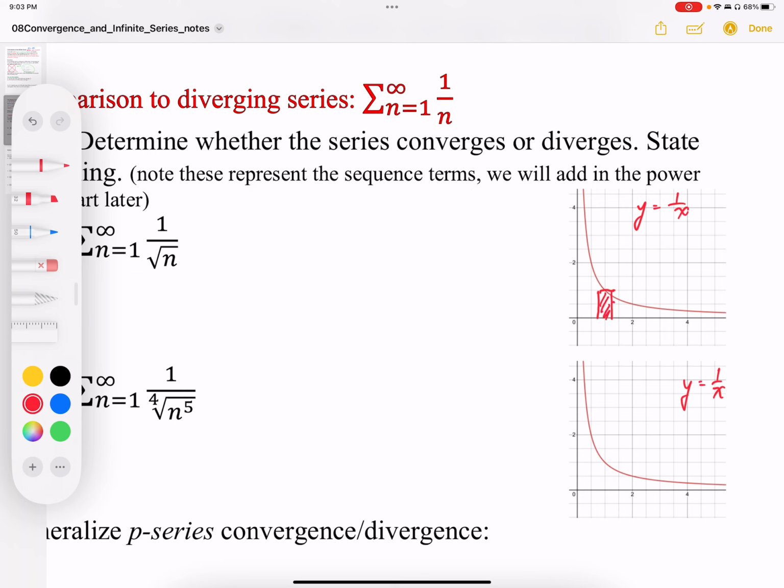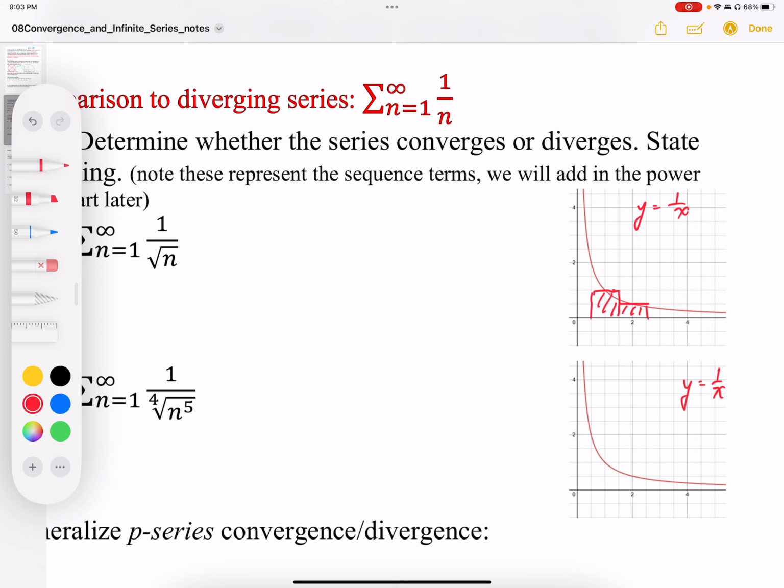Then I would go from 1/2 to 1.5 and draw a bar, and there's an area of 1. This here would be an area of 1/2. The area under that curve is similar to the sum of that series, which is the bars.